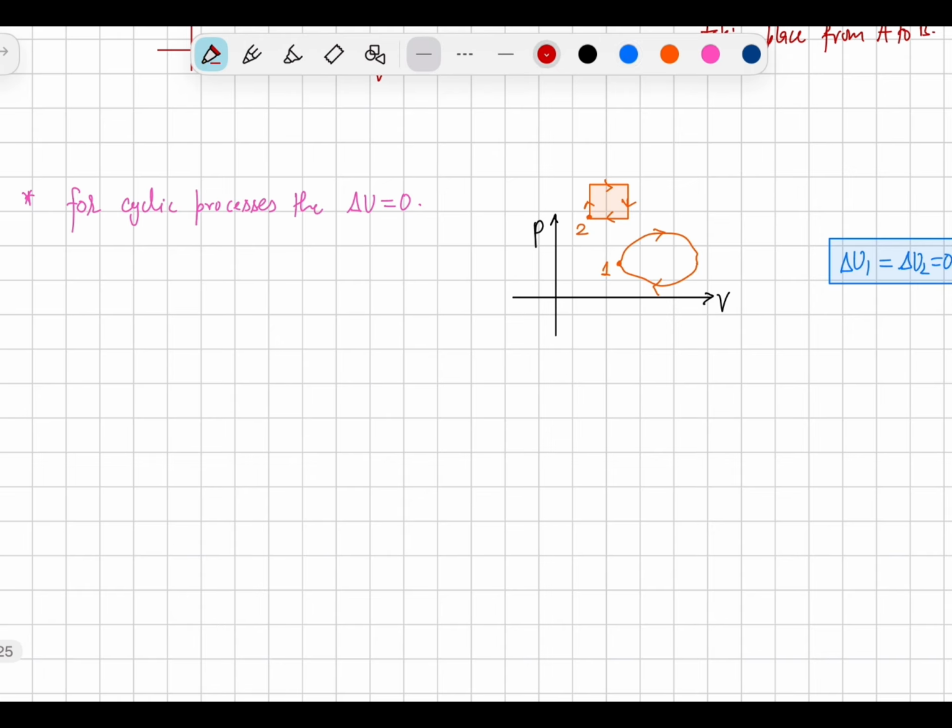One more important point about internal energy is that it is an additive quantity, right?